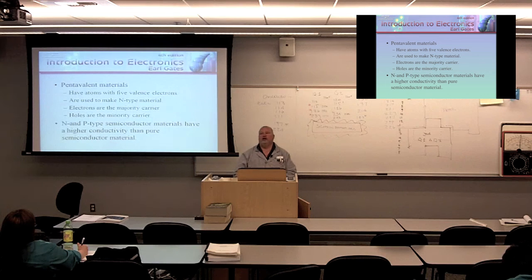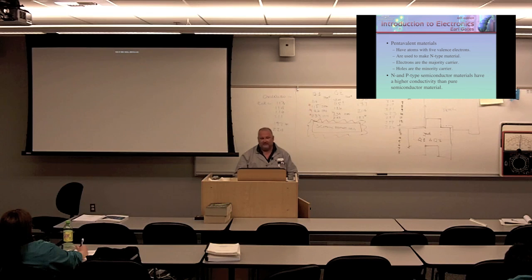Electrons are the majority carrier. Holes, therefore, are the minority carrier. N and p-type semiconductor materials have a higher conductivity than pure semiconductor material. Remember, that's how we increase the conductivity, by adding that dopant, either trivalent or pentavalent.